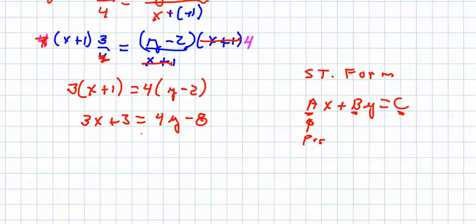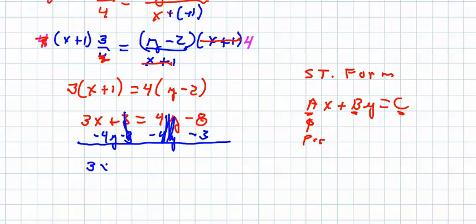So, I'm going to subtract 4y, minus 4y, minus 4y, and I'm going to subtract 3, minus 3, minus 3, and we end up, these 3's cancel, these 4y's cancel, 3x minus 4y equals -11.